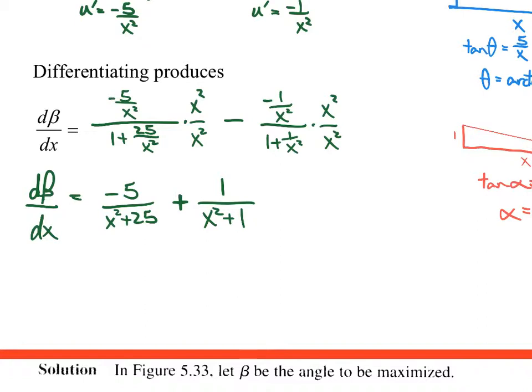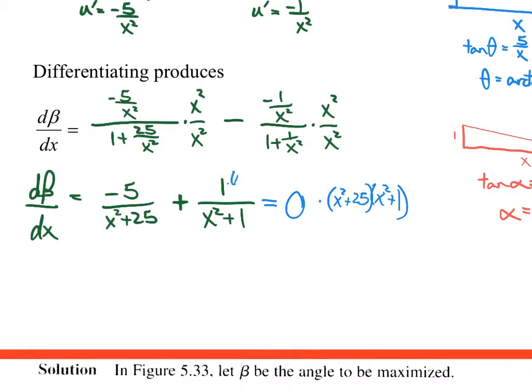Now, if I'm going to set this equal to 0, then I'm going to multiply both sides by both of the denominators. Or you can think of it as getting a common denominator. Either way, I'm going to multiply by an x squared plus 25 and an x squared plus 1.